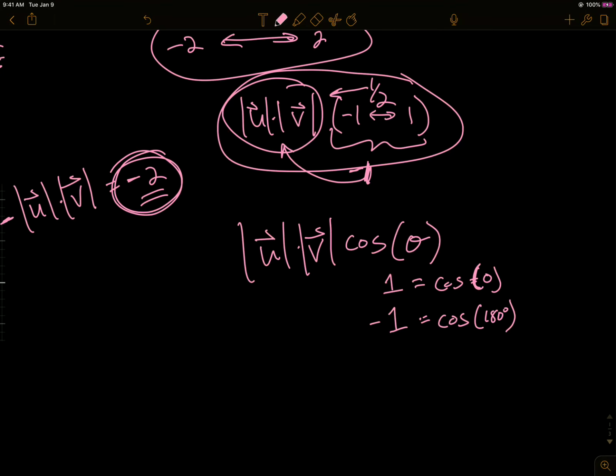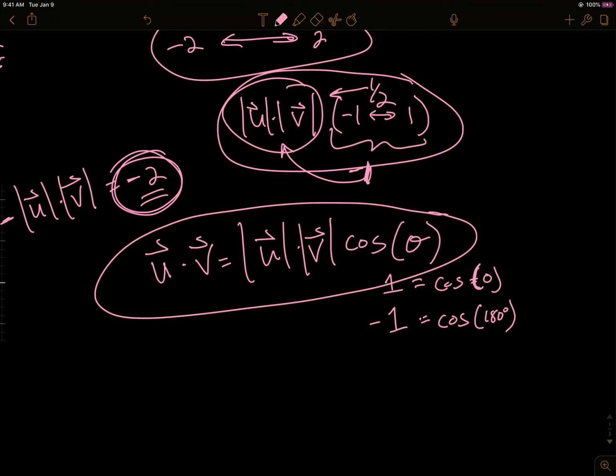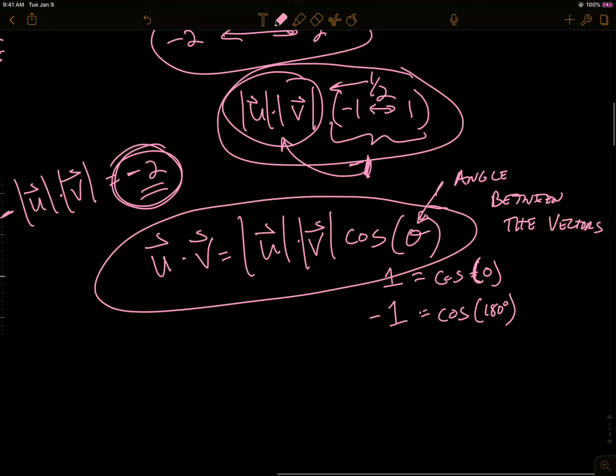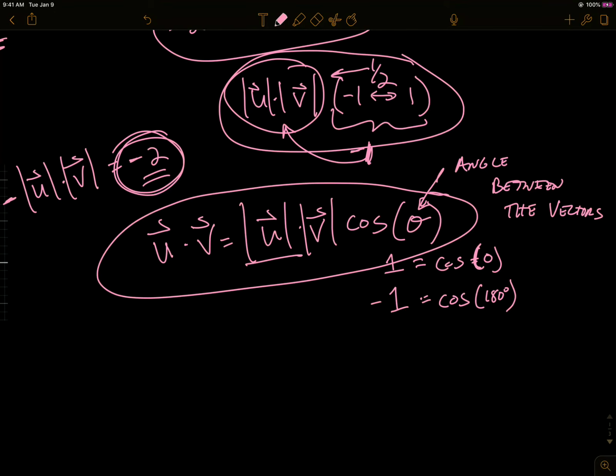So this is going to be our dot product. If I do u dot v, I am going to get this alternate formula for finding our dot product, where theta is the angle between the vectors. And these are the magnitudes of the vectors, the u and the v.